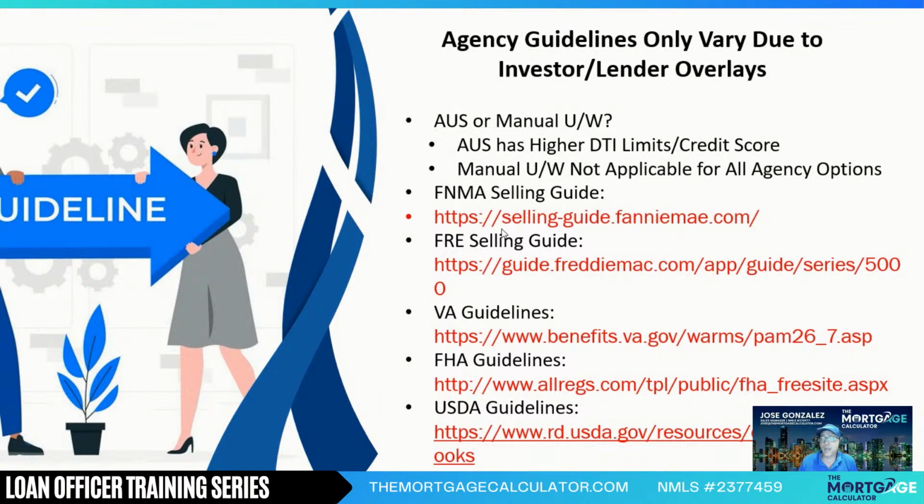We have some options where we can go down to a 500 credit score at a 90% LTV and not have it be manual underwrite, for example, if the system approves you. Others will only let you go to a 550 credit score minimum. It really depends on the overlays. Others may say 600. So again, overlays are differences in what they accept, but not differences in the guidelines.